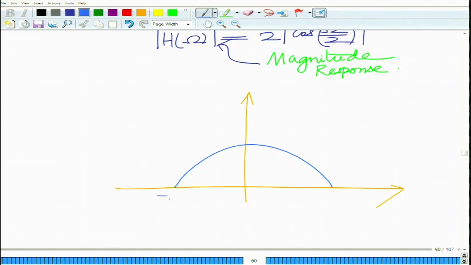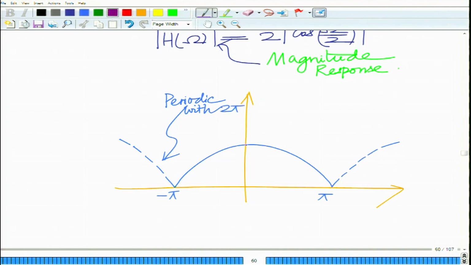this, which looks basically like this, and of course, it is periodic with period equals 2 pi.